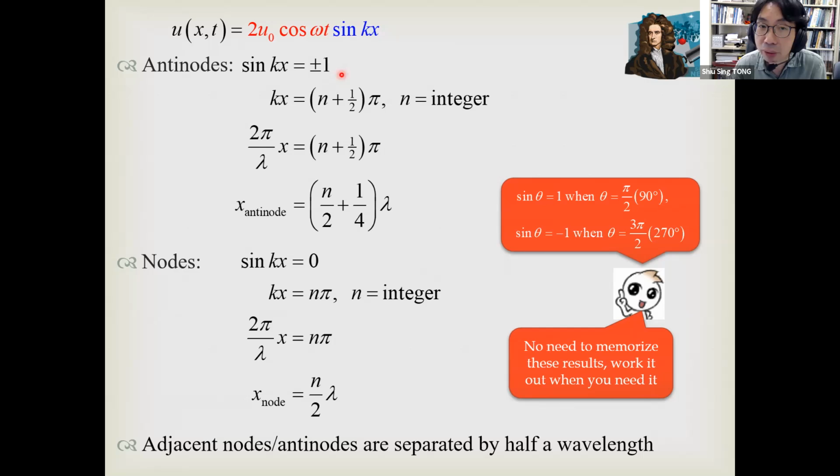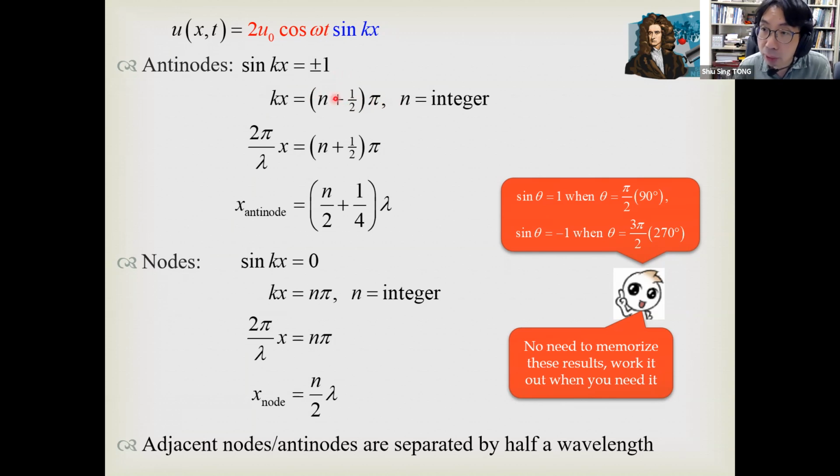But we have a general solution for that. Instead of having only 2 solutions for the angle between 0 and 2 pi, we also have solutions corresponding to angles larger than 360 degrees or 2 pi.